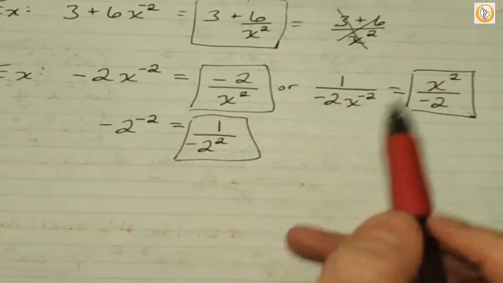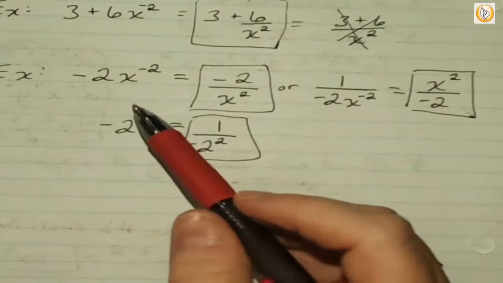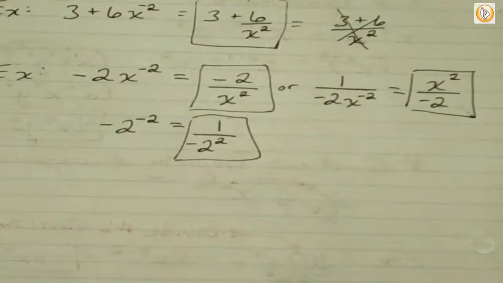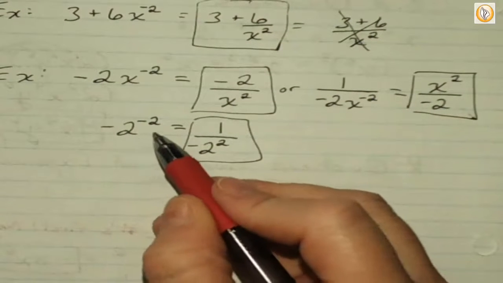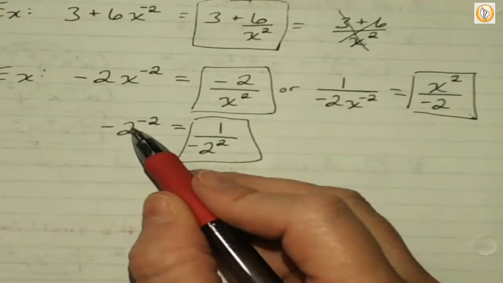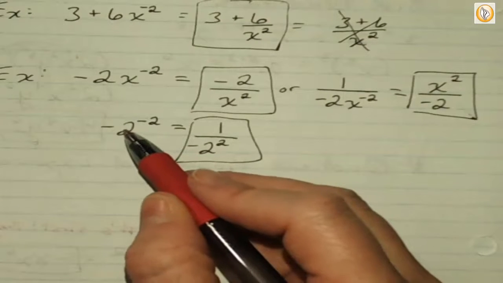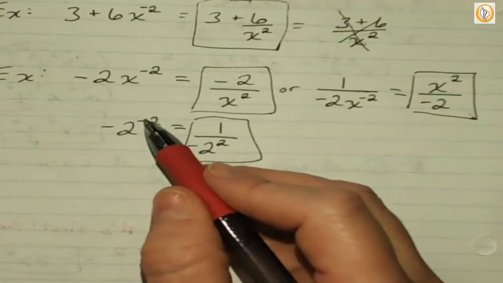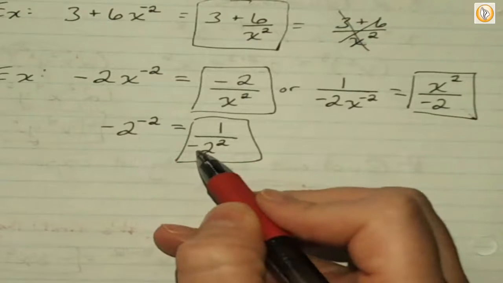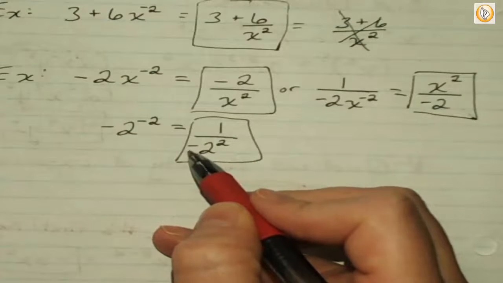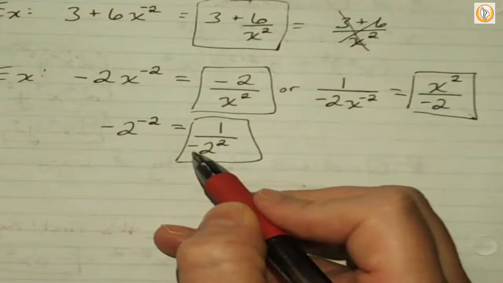So look over all these examples. Make sure you're very careful with what you move and what stays the same, what doesn't move. These are all very common mistakes. I have seen this happen a lot when the negative exponent is attached to a negative number. Kids in general are great about putting it under 1, but then somehow y'all drop this negative sign right here, thinking it gets to be positive as well.